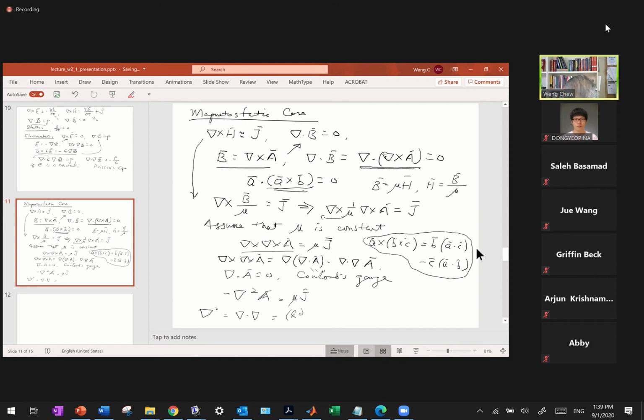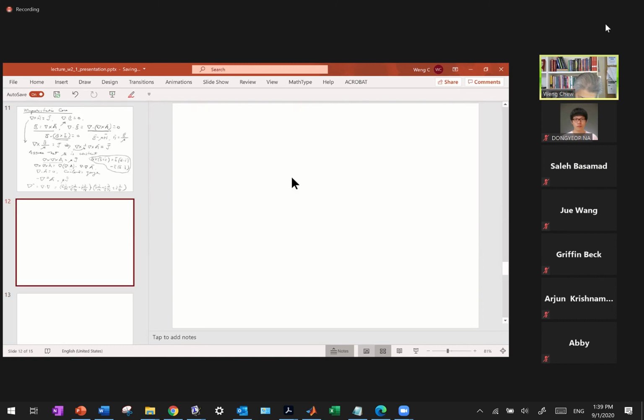it's actually x partial x plus y partial y plus z partial z dotted with itself. If you work out the Laplacian properly, you find that the Laplacian is just equal to partial squared partial x squared plus partial squared partial y squared plus partial squared partial z squared in Cartesian coordinates.